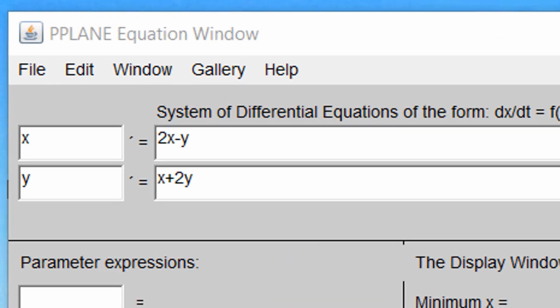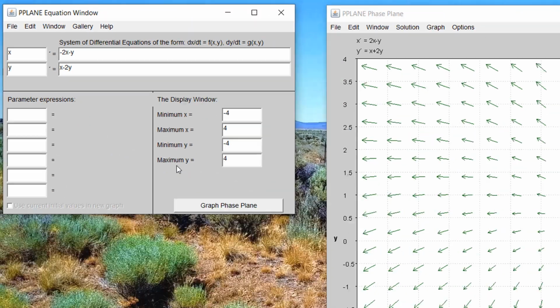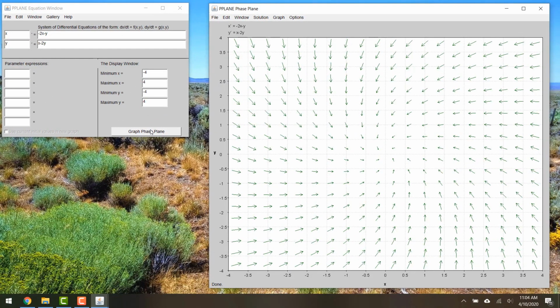Now let's do the case where both eigenvalues were non-real, but the real parts were negative. Our matrix here involves having a negative in front of that x and a negative down here in front of this 2y. Everything else stays the same. In this case, a is going to be negative, so the e to the at is an exponential that decays to 0 for both components of the general solution.